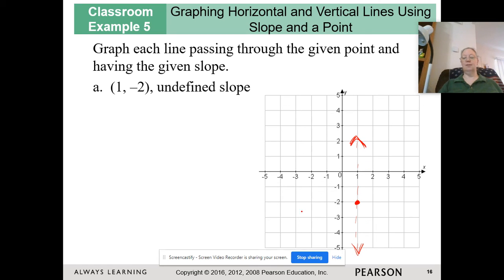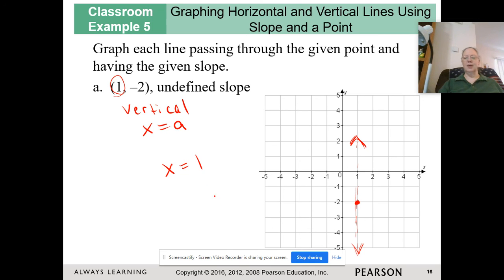Okay, vertical line. So it's got to be vertical. And vertical lines are of the form x is equal to a number. X is equal to a. So we just have to figure out what our x is equal to on this line. Well, it's right there. X is equal to 1.